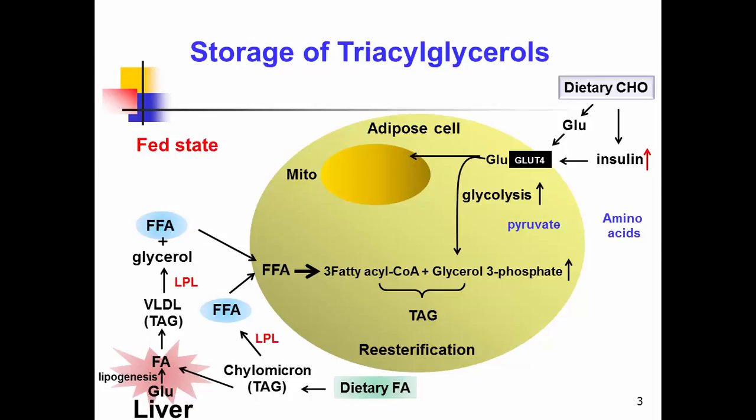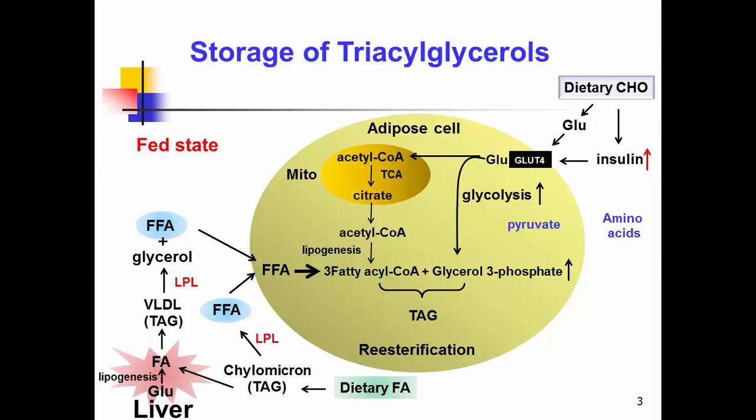So the other pathway, for example, glucose can of course be oxidized in the mitochondria TCA cycle, and the acetyl-CoA can also be used for lipogenesis in the adipose tissue, in the fed condition.